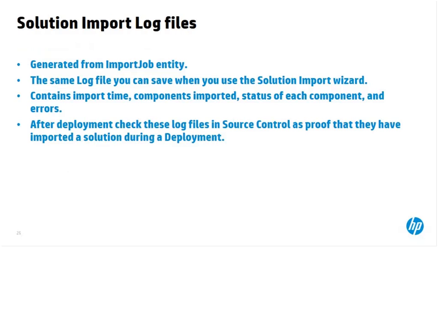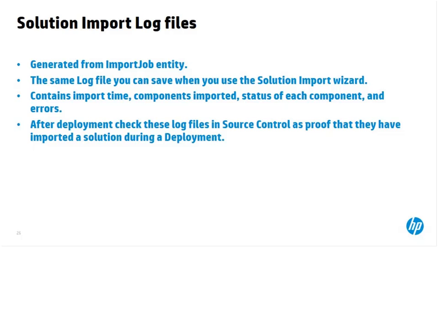One lesson that I'd like to share is that you can use the import job entity to get at the log file for a solution import. So when you go through a solution import process, at the end you're offered the opportunity to download an Excel file that is the log for the solution import.